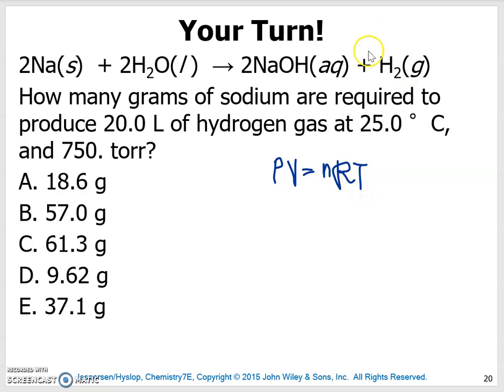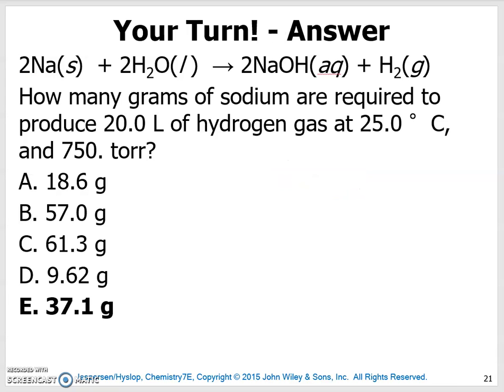Once you solve for moles of hydrogen, then you do the stoichiometric part and multiply by 2, and then you convert it to grams. So I'm going to show the answer here if you're ready for it. If you got E, 37.1 grams, that is correct.